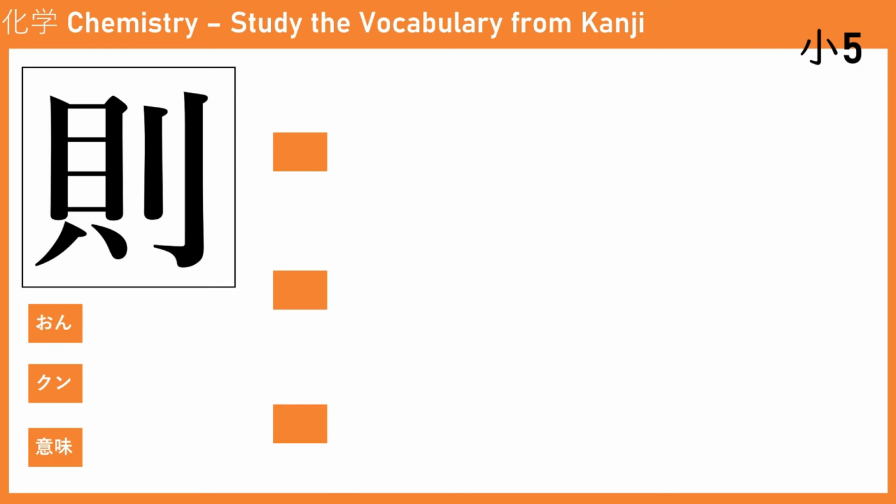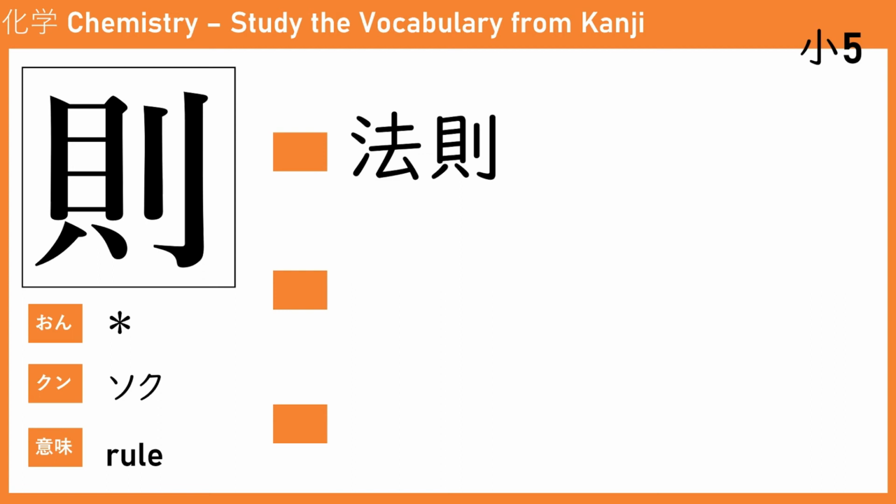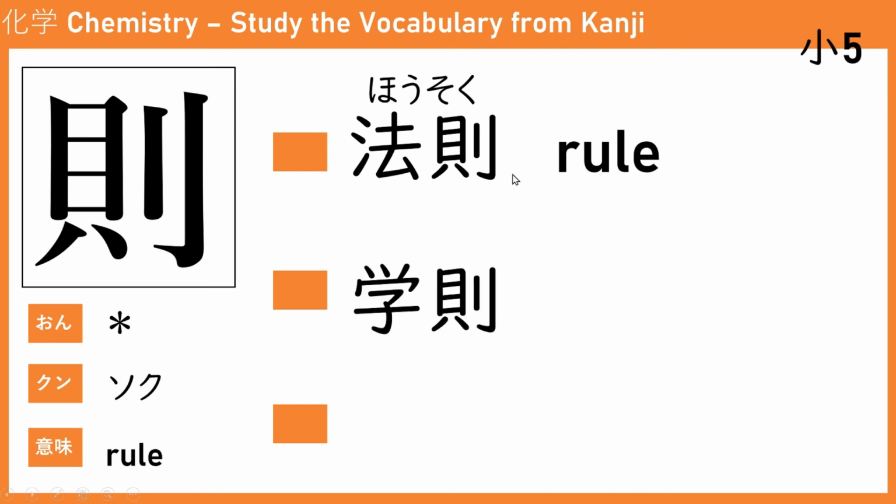The next kanji is soku, or rule. As we learned in the previous slide, hōsoku means rules. Ho is the law, soku means the rule, so hōsoku means the rule, like in academic stuff. We also have gakusoku.